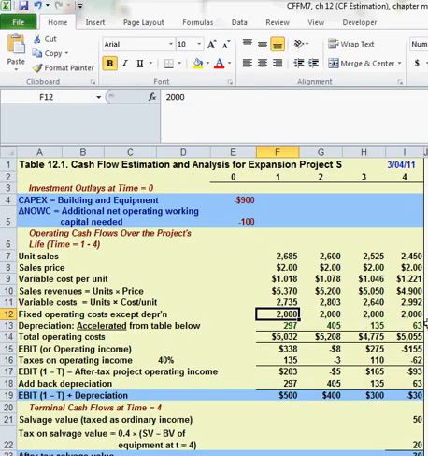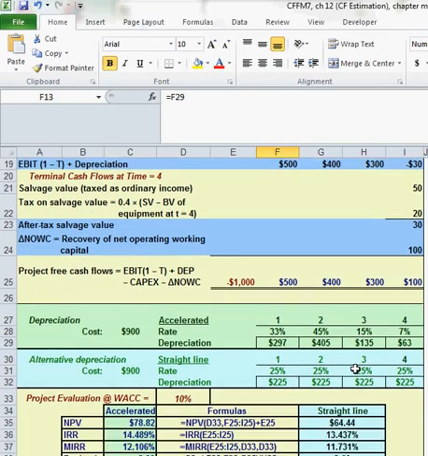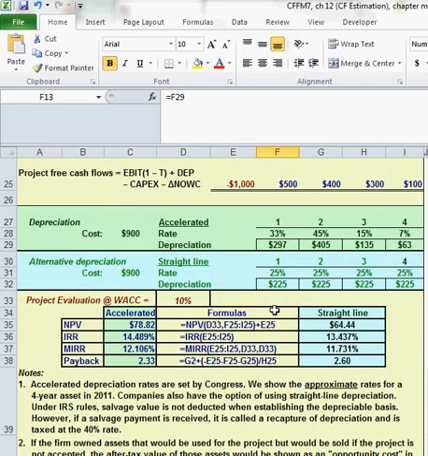And then the depreciation is calculated using a MACRS system. So we have the $900 down here, and the MACRS system is right here, 33% the first year, 45, 15, and 7, and so the amounts of the depreciation are right here. It also shows you what the straight line would have been, which would have been 25% per year or $225 each time.